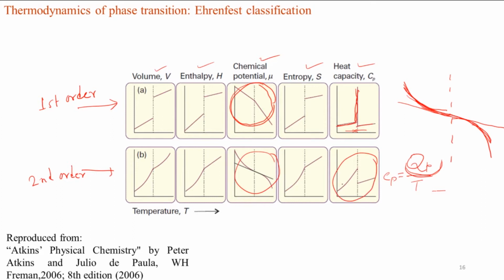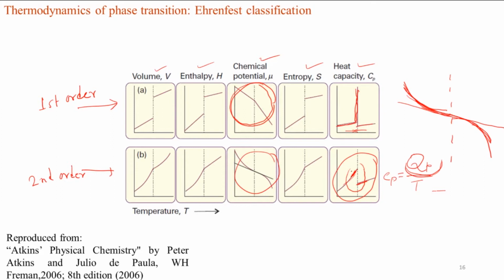However, for the second order phase transition, you can see here that the slope changes gradually, and the slope doesn't change abruptly here. So near the transition temperature, the slopes are not so different. However, their second derivative all of a sudden changes because the curvature of the curve changes.